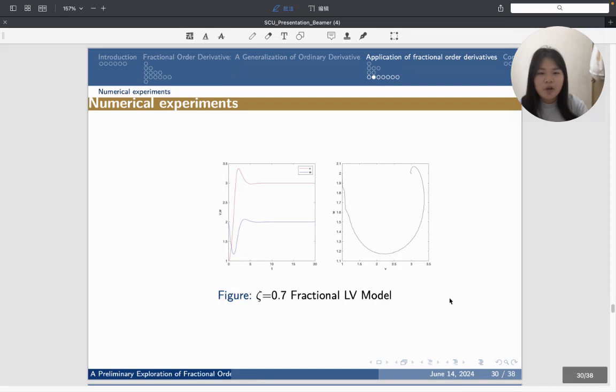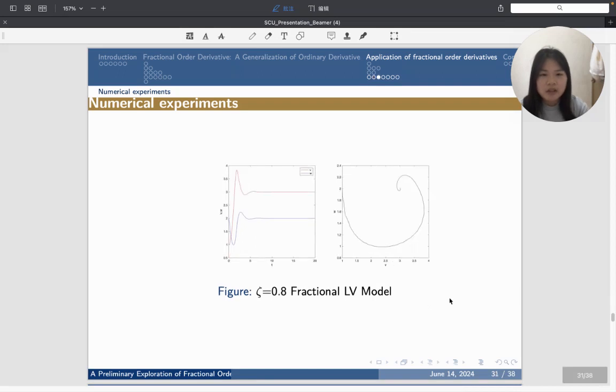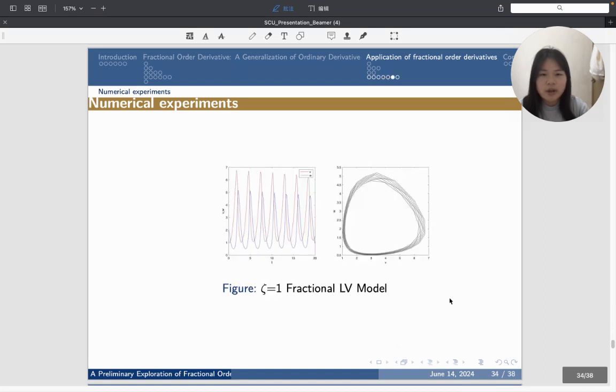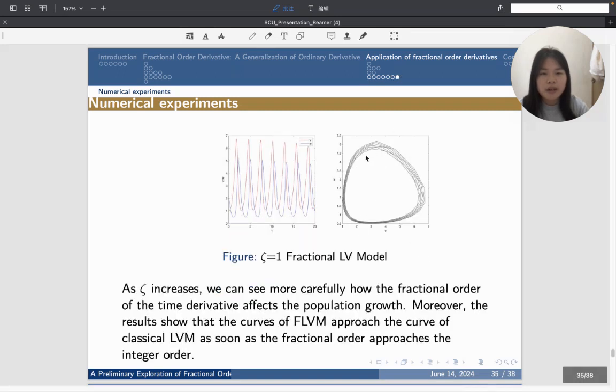And now let's see our numerical results. We can see that as ξ gets closer to the integer one, the curves of the solutions also approach the integer-order ones. And as ξ increases, we can see more clearly how the fractional order of the time derivative affects the population growth.